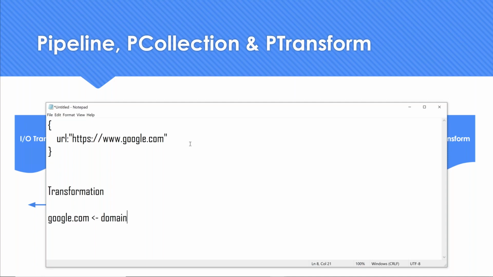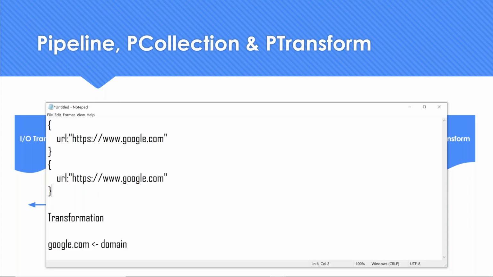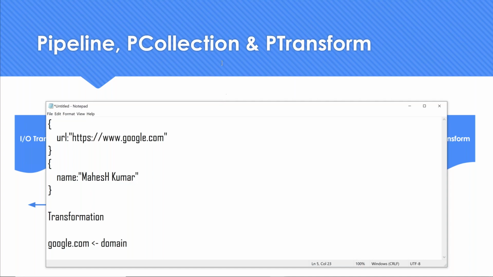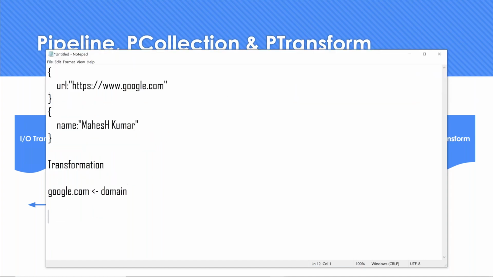Or maybe you have something like a name field, where it has something like this. Now, the transformation you want to do is to make a split: first name, last name.